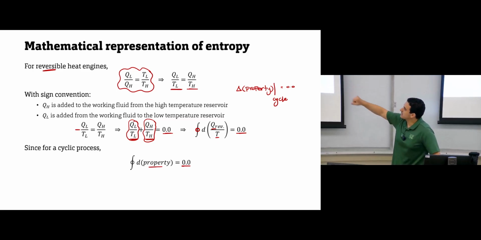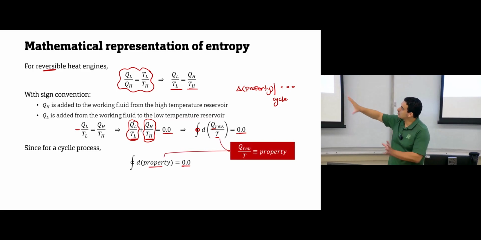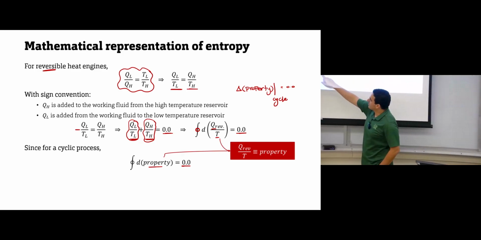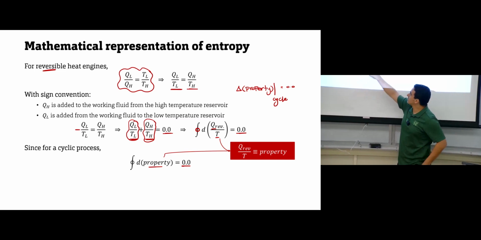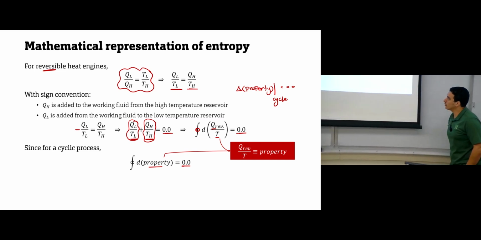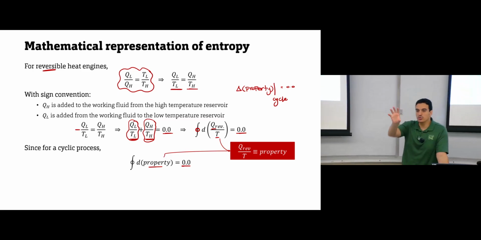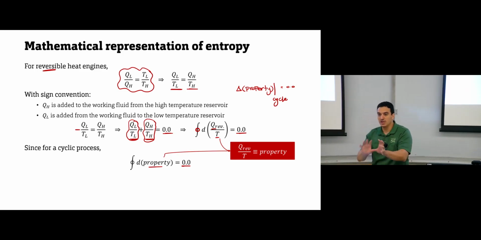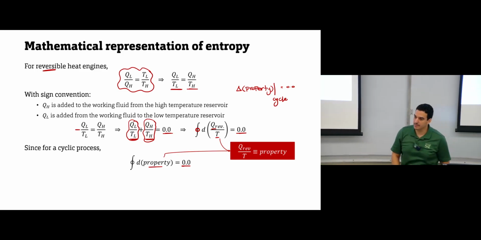When people saw these two equations, they said that in general, for any cycle, the change of any property for the whole cycle is 0. When we analyze the heat engine, we see that the change of Q divided by temperature over the whole cycle is 0. Then we can assume that Q over T represents a certain property.